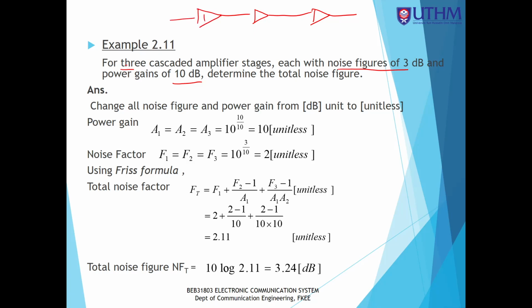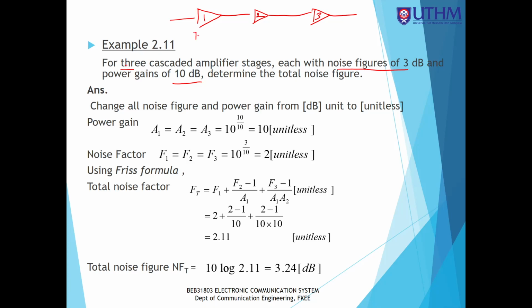So 1, 2 and 3. Okay, so you are given all amplifiers have the same values. In this example, all amplifiers have the same noise figure and the same gain.